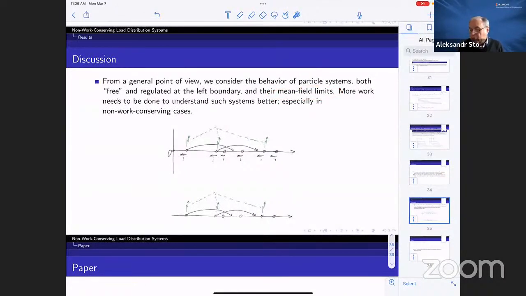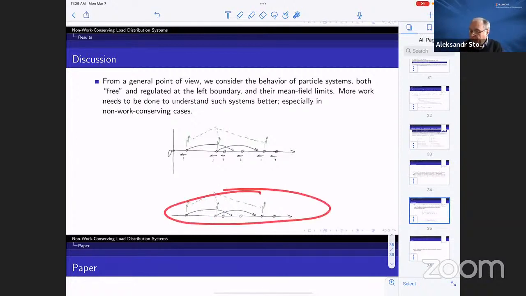There are lots of interesting questions, for both regulated systems and unregulated systems, and especially non-work-conserving cases, because, for example, if you have a free system and it's non-work-conserving, you don't know in advance what is the drift of the whole thing, right?